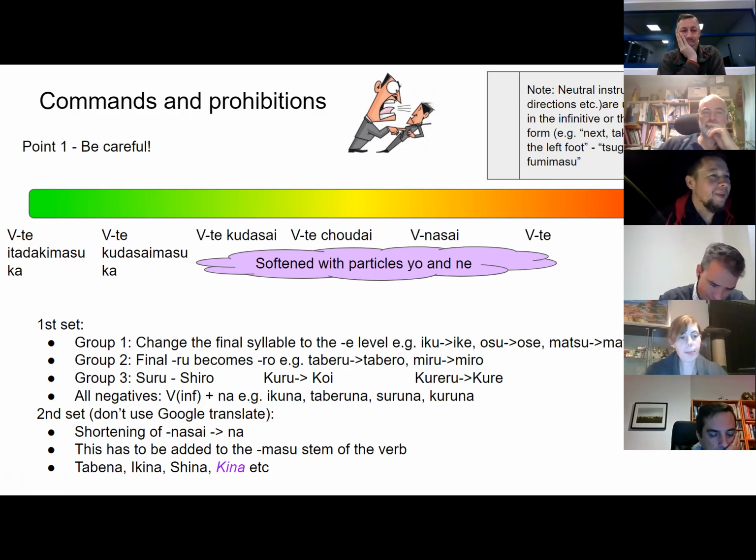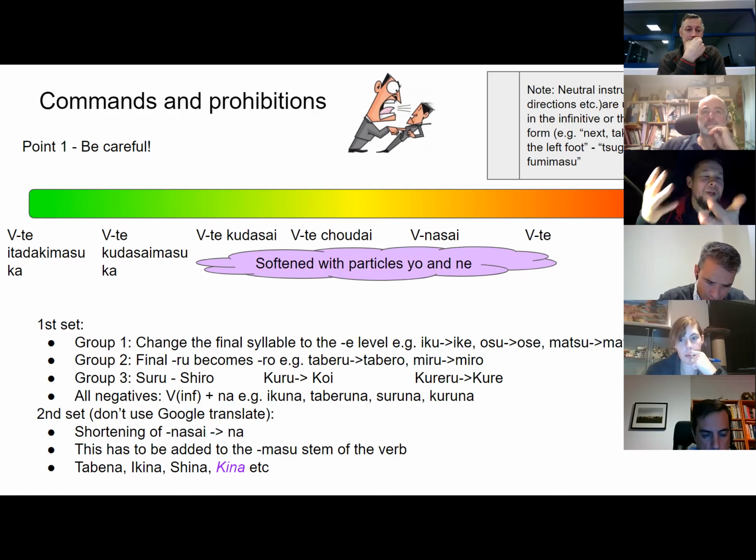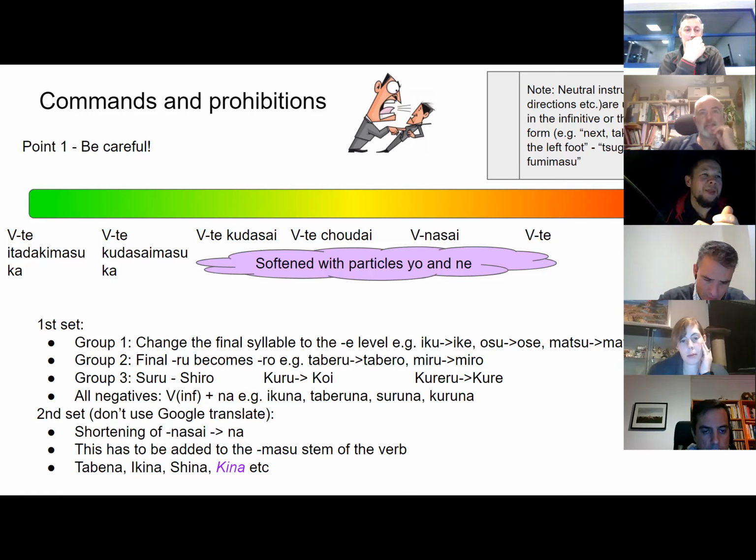Arigato. Well, when you said this is a first set and a second set, what's actually the reason? I'm not asking why we do it, because it's there in the language.